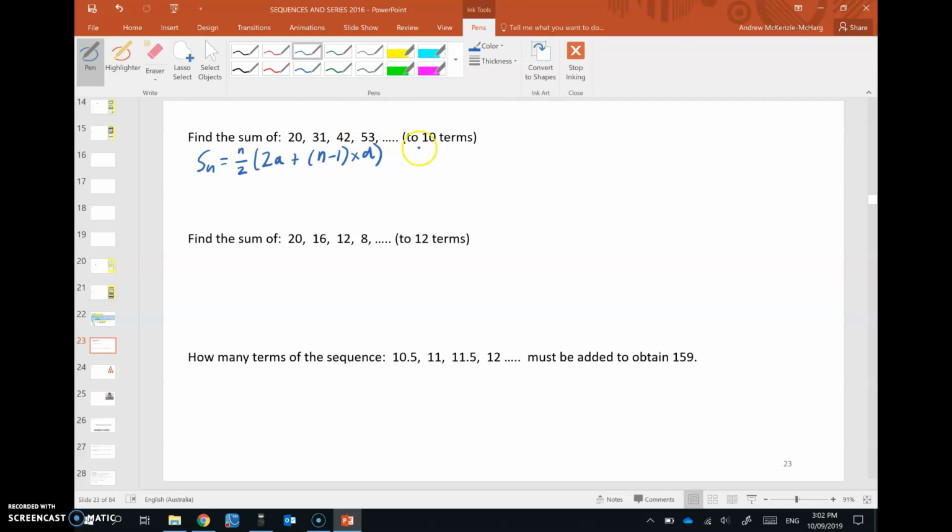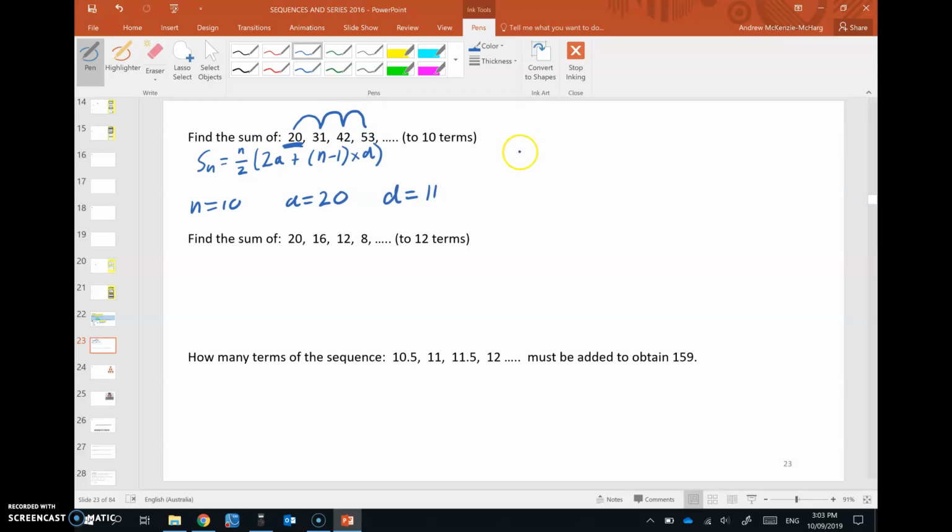So in this case, we're summing the first 10 terms, so n equals 10. The first term, a, is 20 over here. Now what's our common difference? 20, 31, 42, 53. We're going up by 11 each time.